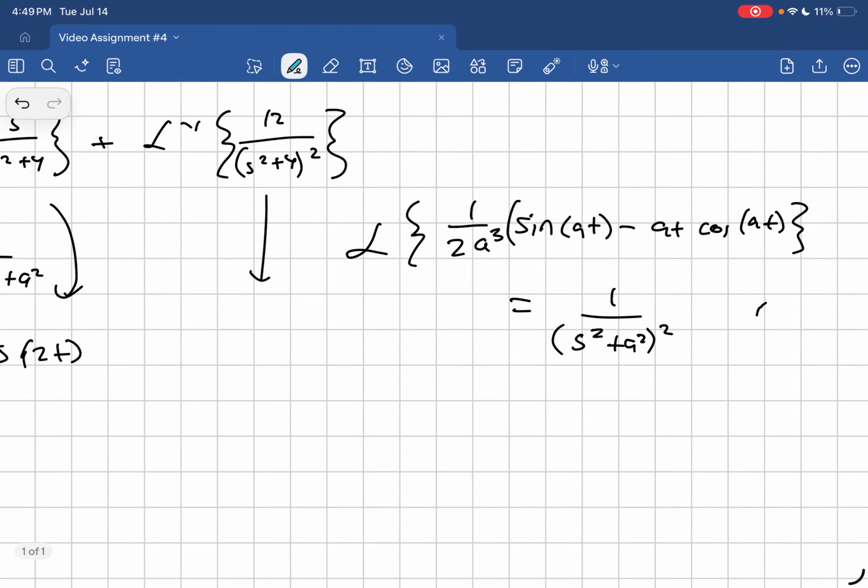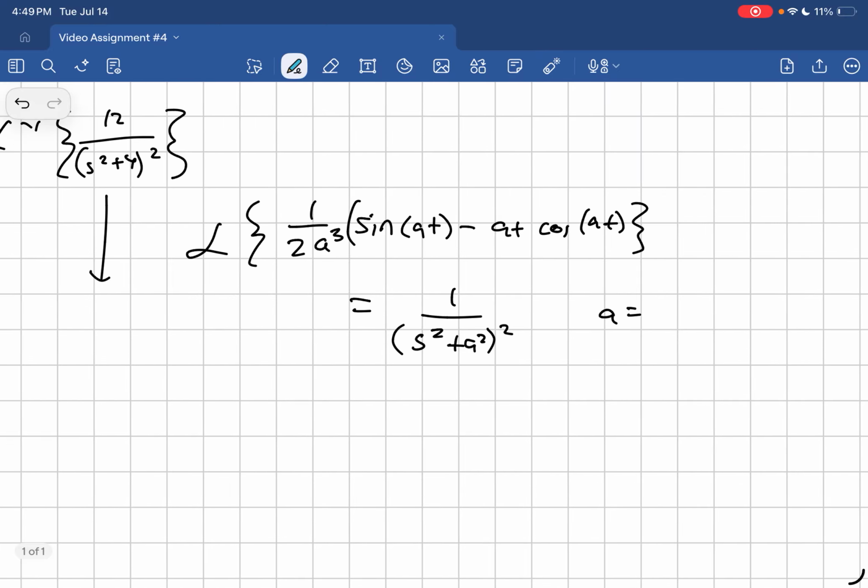This is also given in the standard formulas. And our A here, since this is squared, 4 is equal to A squared, so A is equal to 2.